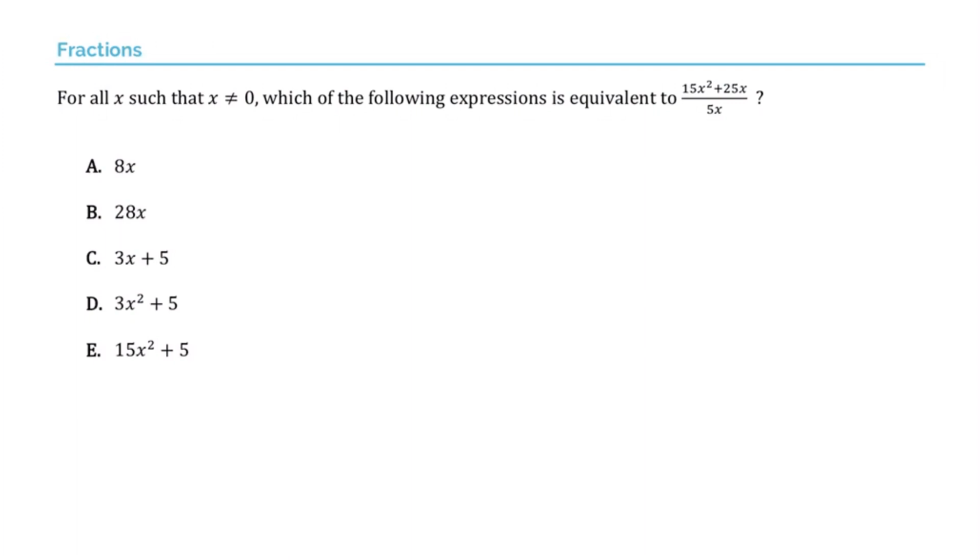All right, our third fractions question. So the first thing I'm going to do here is just rewrite it for you. So we've got 15x squared plus 25x divided by 5x. Now what makes this question difficult is that most students forget how to separate out when you're adding on top or subtracting on top, and then you have one thing like 5x on the bottom.